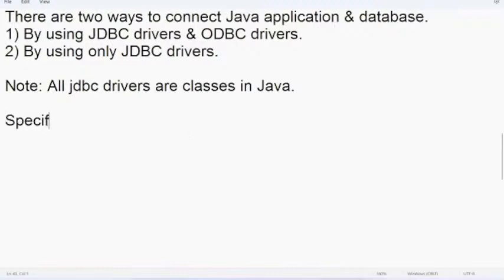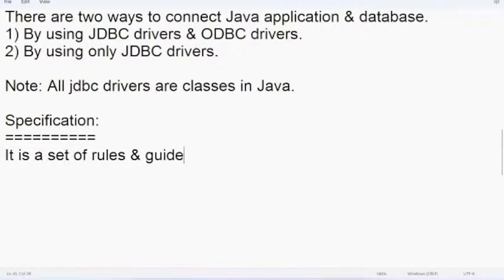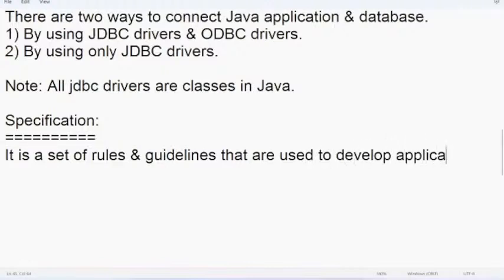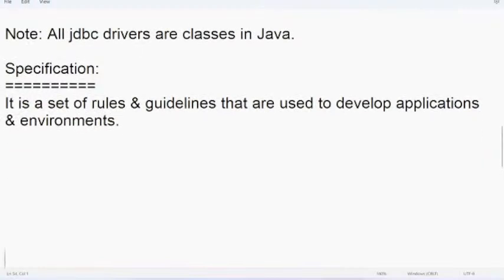Note down: a specification is a set of rules and guidelines that are used to develop applications and environments.